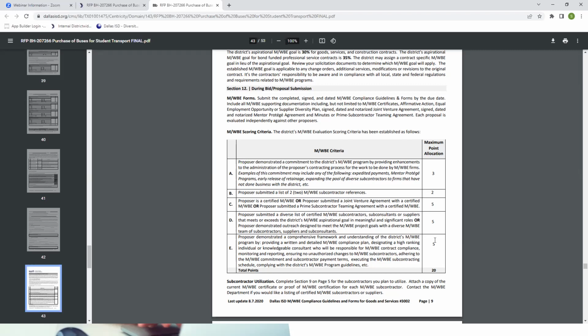Now, the point allocations are not going to change here. I'm saying that now, but there may be some changes with MWBE forthcoming. But as of today, you'll see that the 20 points are here. This is how you get to the 20 points.